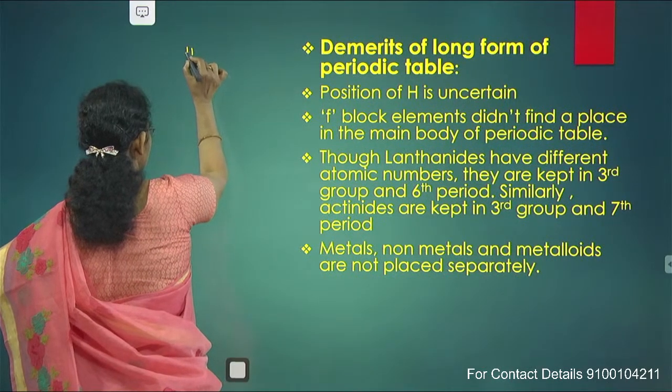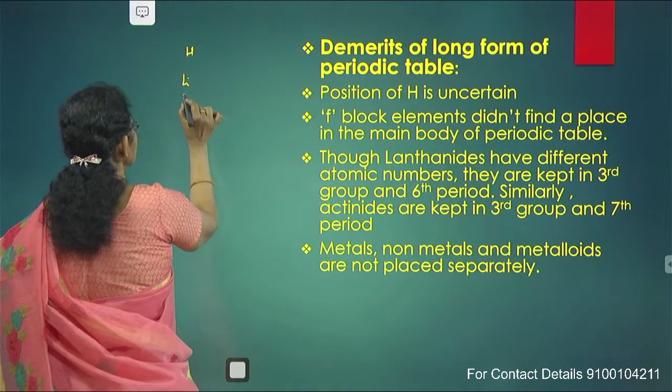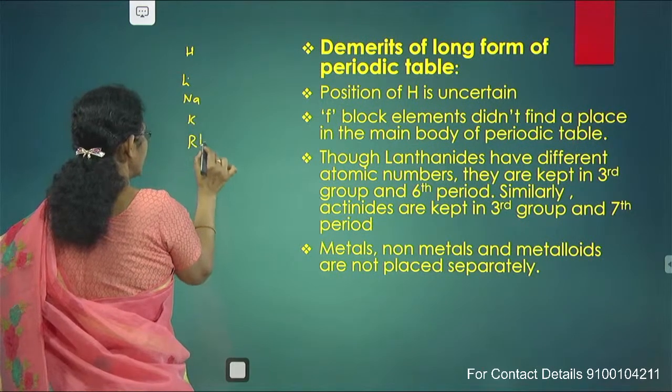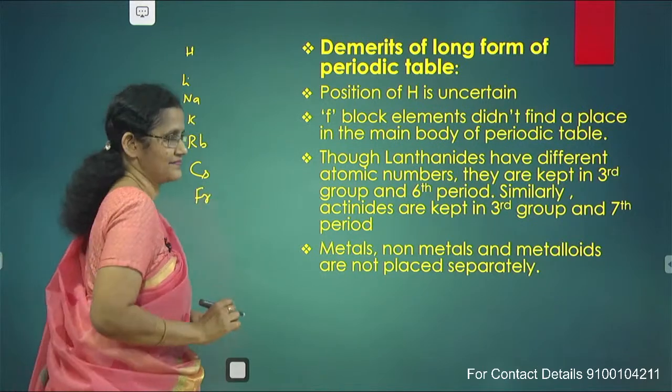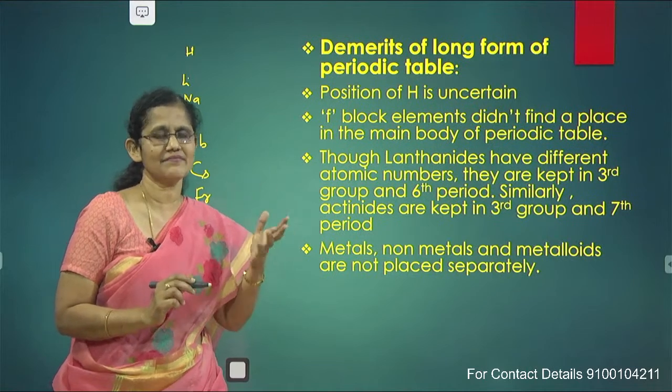Hydrogen can be placed along with first group elements lithium, sodium, potassium, rubidium, cesium, francium. In some properties, hydrogen resembles first group elements.